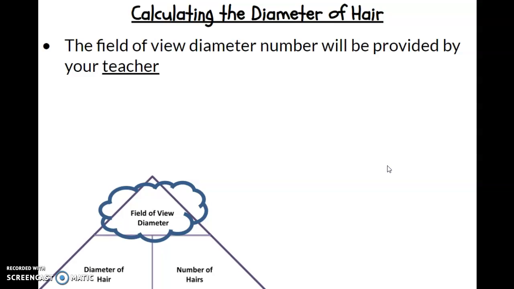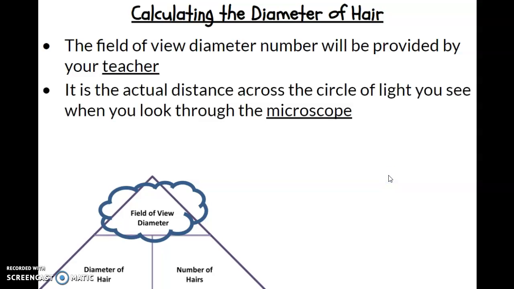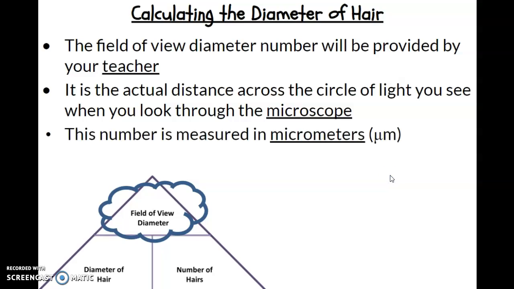So the field of view diameter number will be provided by me. That's something that you have to get from me because that is on your microscope. The actual distance across the circle of light when you look through the microscope is what we're talking about. So that would be the field of view, and it's measured in micrometers.